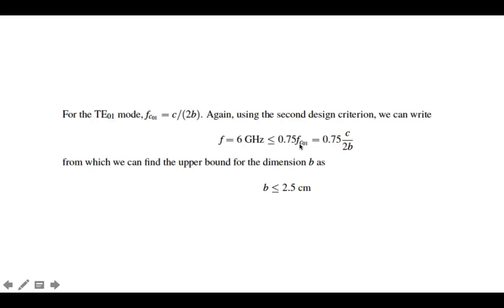So for the TE01 mode, we want 6 gigahertz to be less than or equal to 0.75 C over 2B. That ensures that we won't get the next mode at the 6 gigahertz frequency. So we find an upper bound for the dimension B, and we find that B has to be less than or equal to 2.5 centimeters.